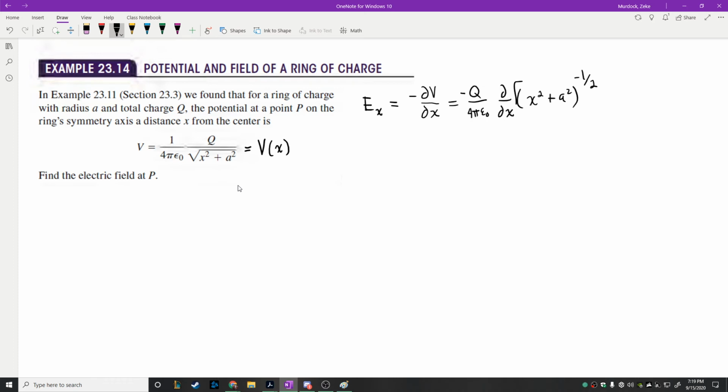So that's the derivative we want to take right there, of that whole function. Can you guys write in the chat what the answer to that would be? What's that derivative equal to? Take your time to write it out.